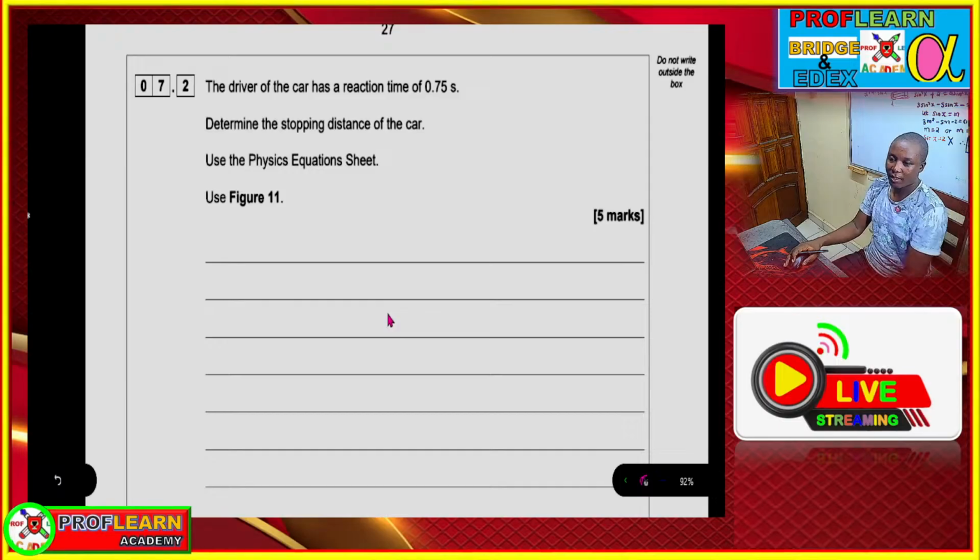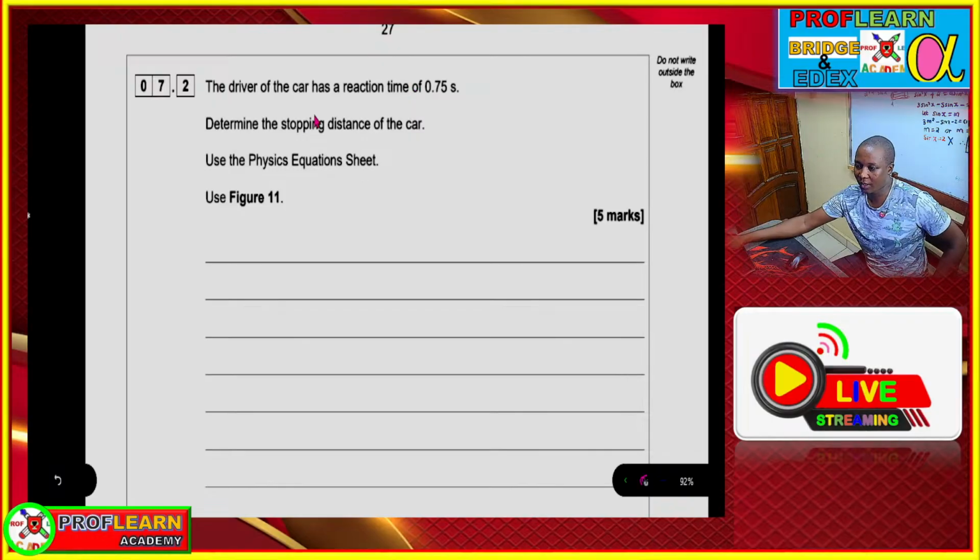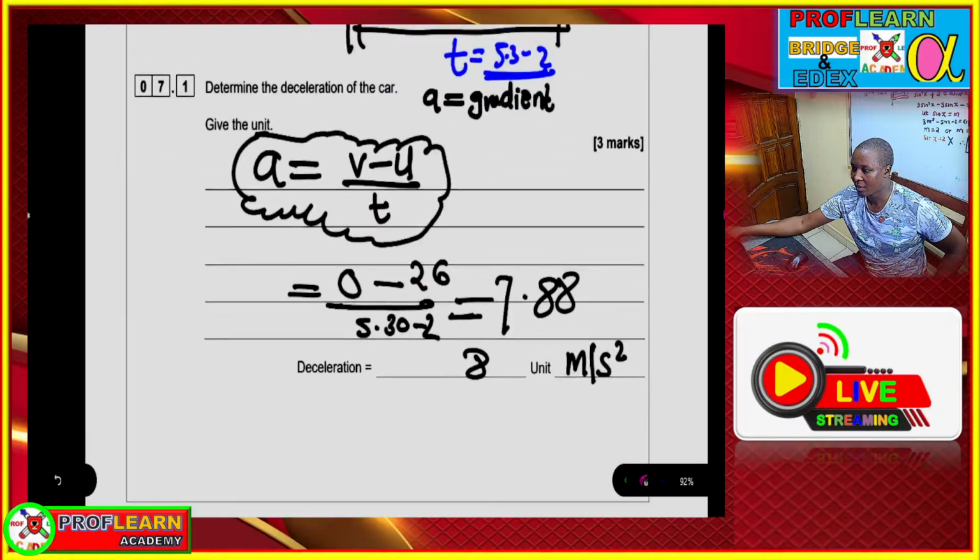All right, so the driver of the car has a reaction time of 0.75. Determine the stopping distance. Stopping distance is the distance from when the brakes are applied to when the car stops.